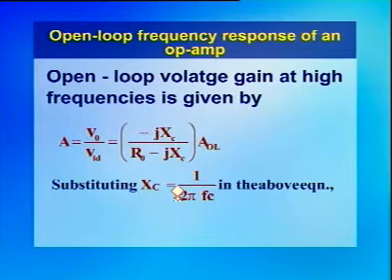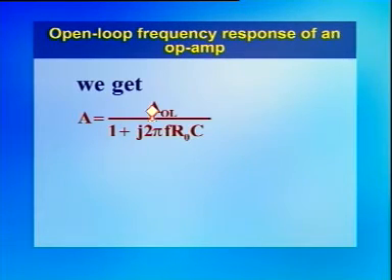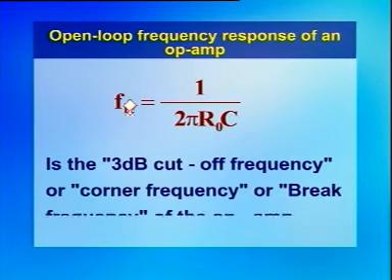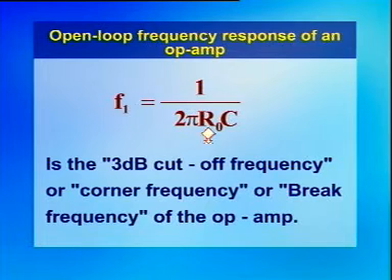Substituting XC equal to 1 by 2 pi fC in the above equation, we get A equal to AOL by 1 plus j2 pi f R0 C, that is A equal to AOL by 1 plus jf by f1, where f1 equal to 1 by 2 pi R0 C. It is called the 3 dB cutoff frequency or corner frequency or break frequency of the op-amp.